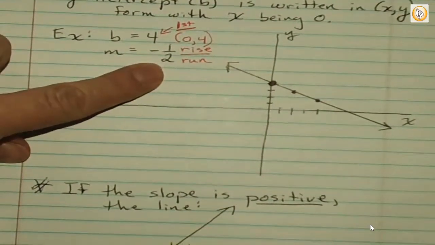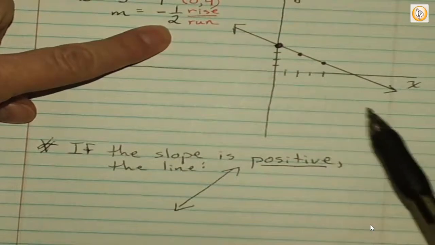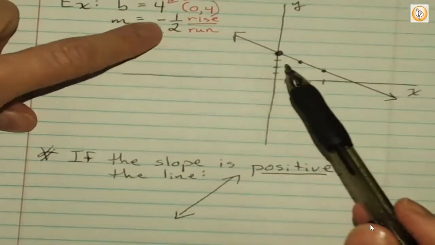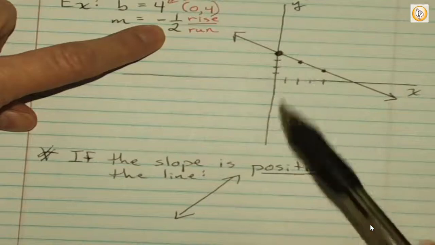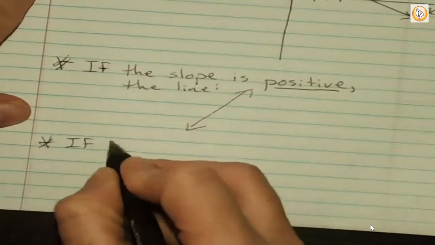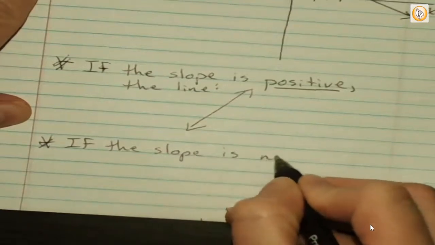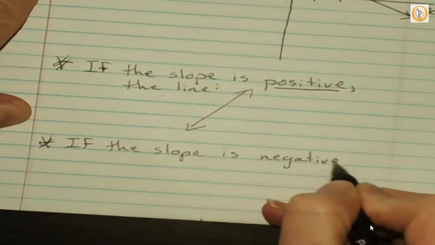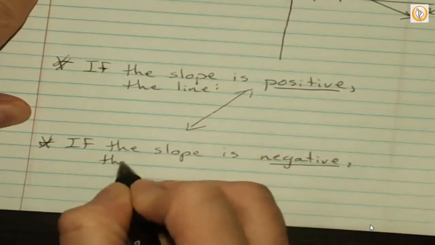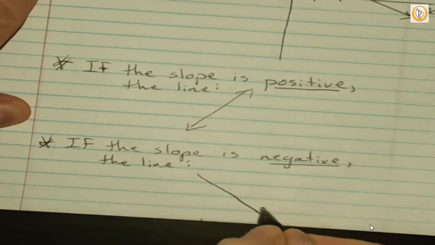Was it positive or negative, Keith? Negative. And so look at the direction of the graph. Do y'all see that? See, negative slope, the graph went this way. So if the slope is positive, your line's going to go this way. If, and you need to write this down, if the slope is negative, the line's going to look like the one above. It's going to go this way.